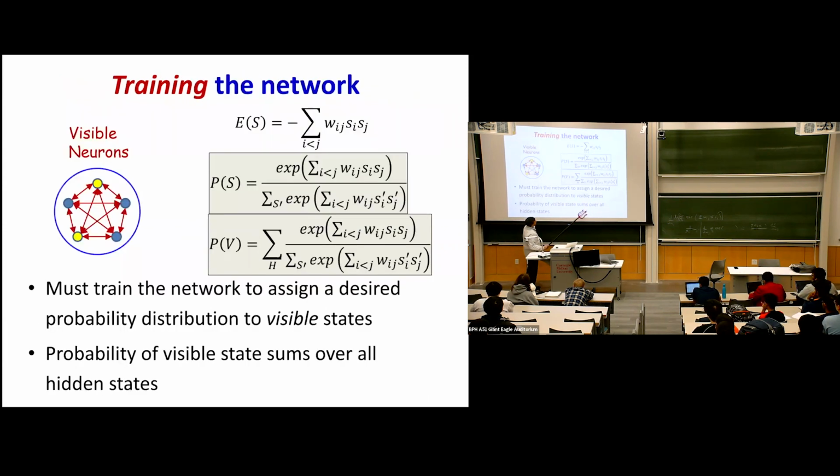The difference between this and what we had earlier is that inside, we have a summation in the numerator because you're summing over all possible hidden pattern values for any given visible pattern, right?